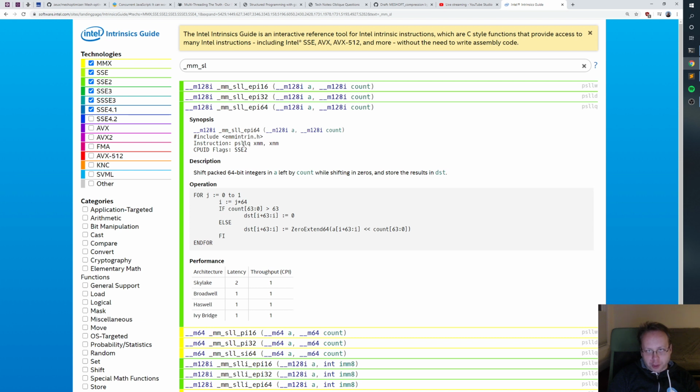While shifting in zeros and store the results in DST. Right, okay. So maybe this is the better option. I didn't take this option in Wasm because it didn't have vector shifts. But Intel, thank God, has vector shifts.